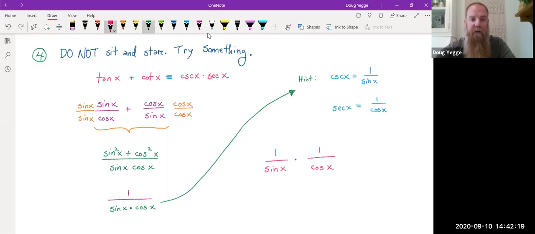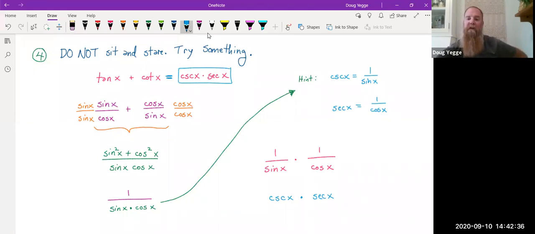And now using the Pythagorean identity and the reciprocal identities, we can see that my final result is cosecant x times secant x, which is the side that I needed to turn it into.